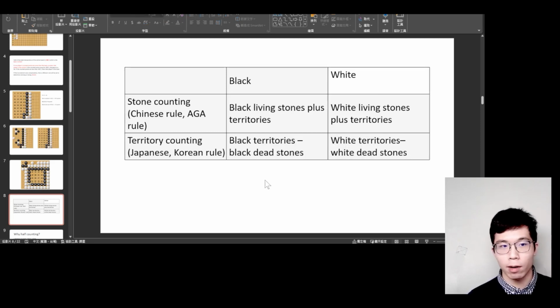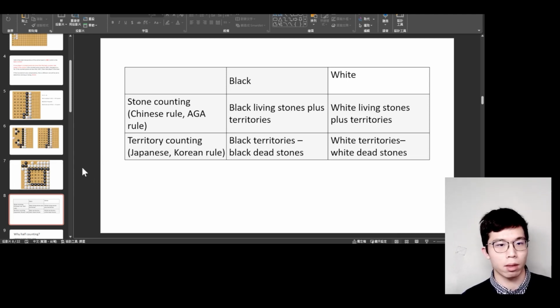If black and white share the same amount of played stones, then the result would be the same. So in most cases, we think the Chinese rule and the Japanese rule do not have a big difference. But we will see later why there are some differences.